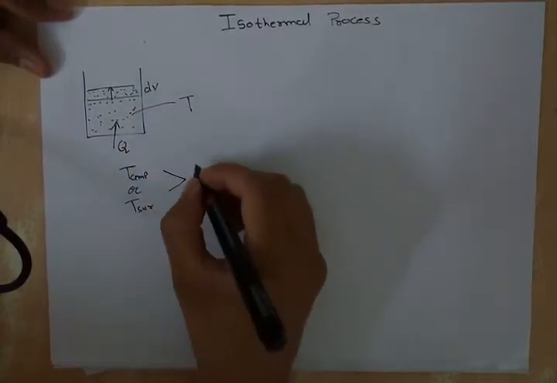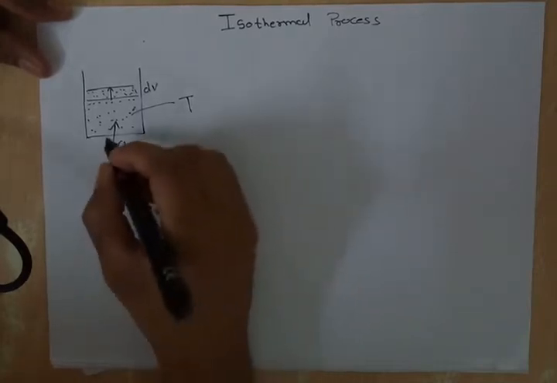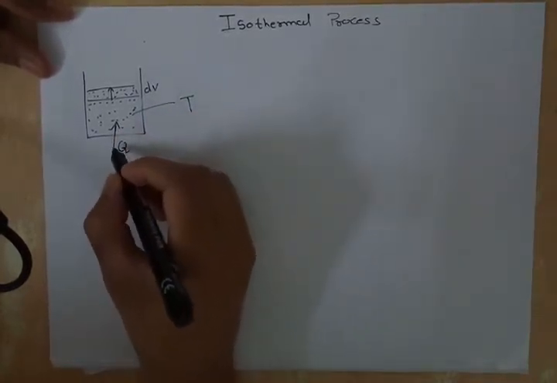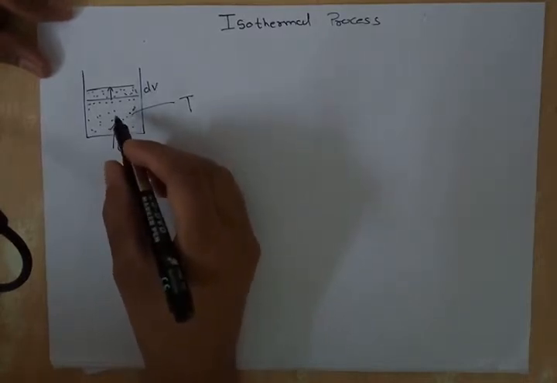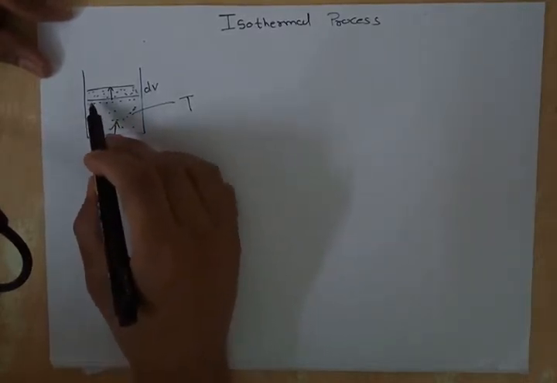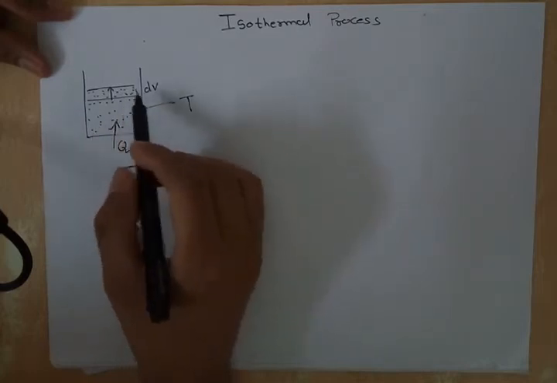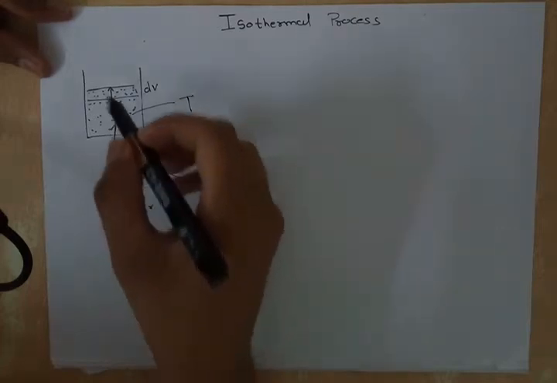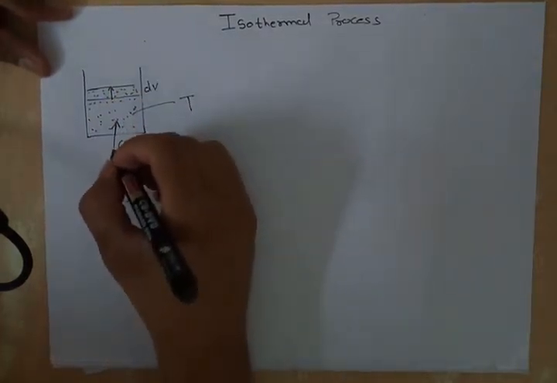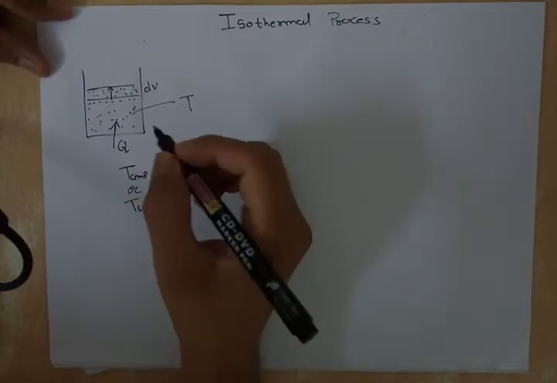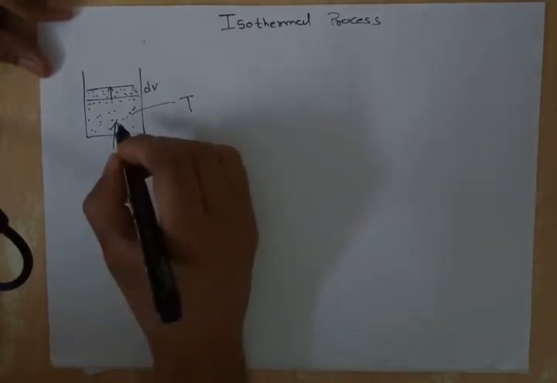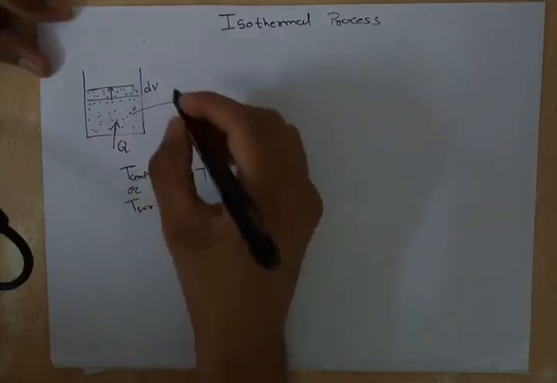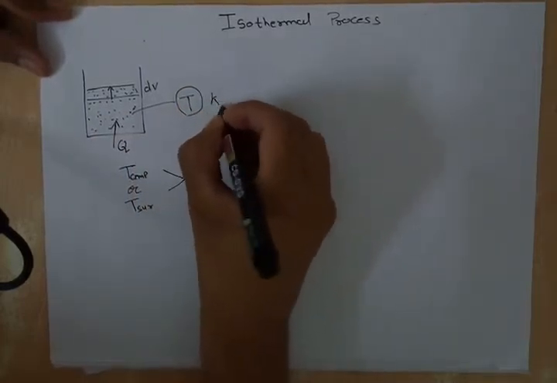Let us say system has temperature T. So if we don't allow this heat to enter the system, of course the temperature of the system will fall due to expansion. However, as we expand, simultaneously we are allowing the heat to enter the system, and therefore we are maintaining temperature of gas constant, that is T Kelvin.